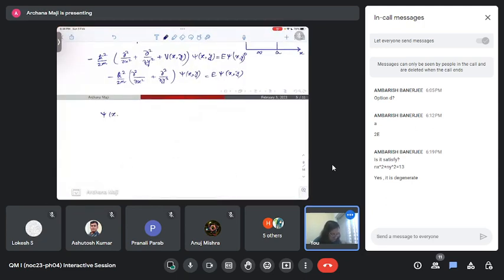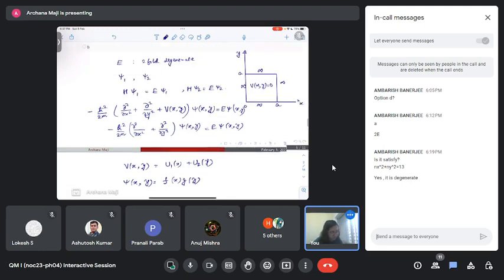Now we can use a separable solution. So what was the condition? Whenever the potential can be broken down as some potential along x plus some other potential along y, then we can use a separable solution. That is, we can write psi of x, y as some function of x times some function of y.